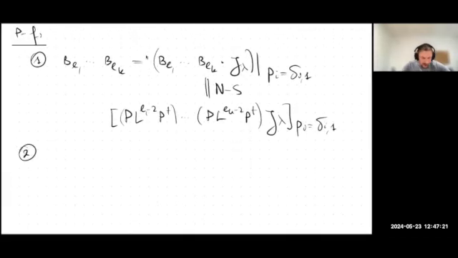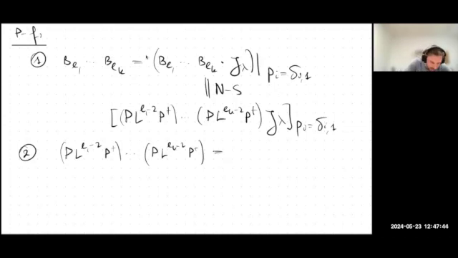The second step is that now I want to interpret this operator in terms of paths. And it turns out that this operator in terms of paths is given by square root of alpha.